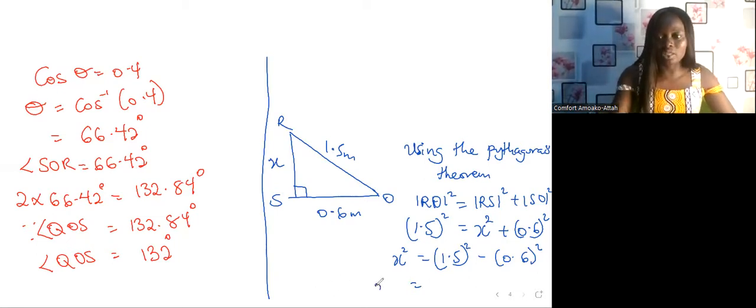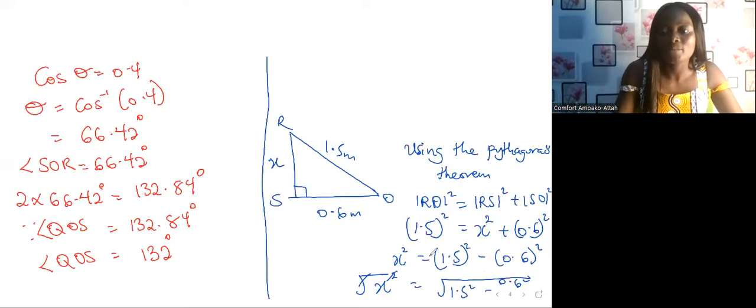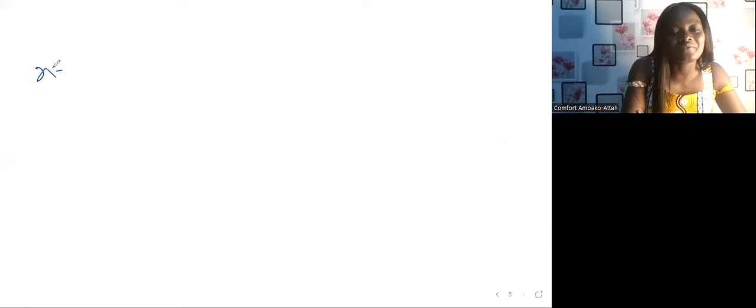Okay, let me write straight away x equal to, let's square root both sides, get rid of the square. The square root of 1.5 squared minus 0.6 squared. All right, so let's simplify this. And we are getting x to be, I want the first person to tell me the answer.